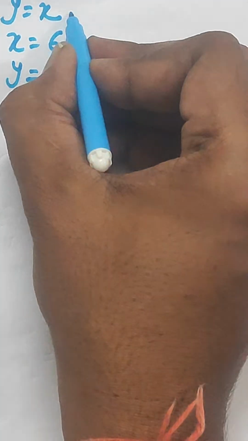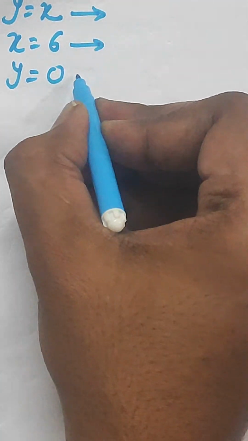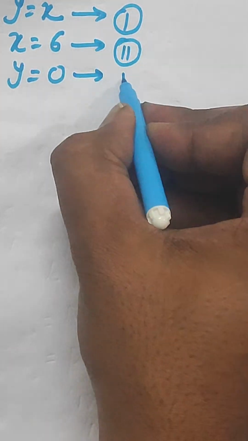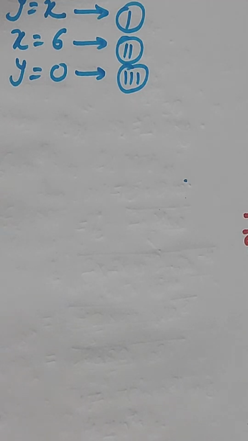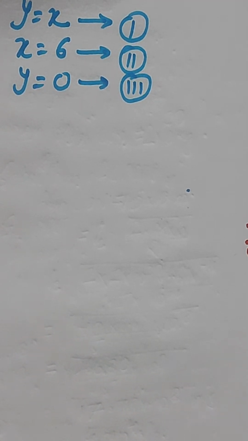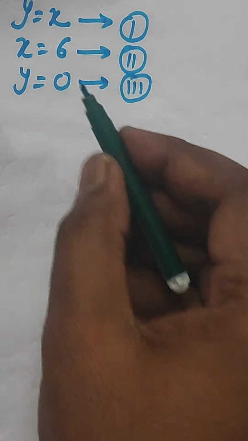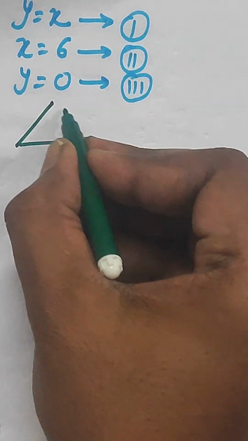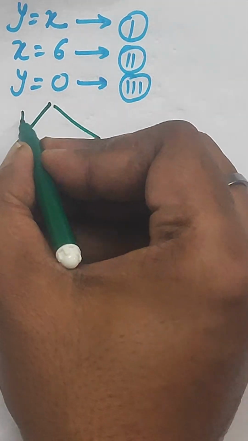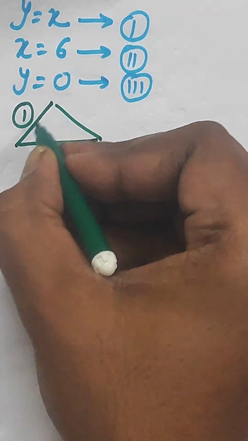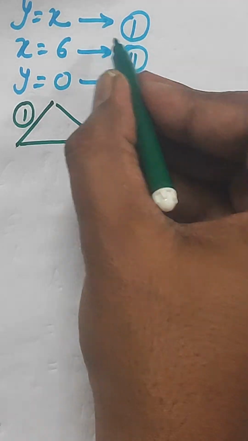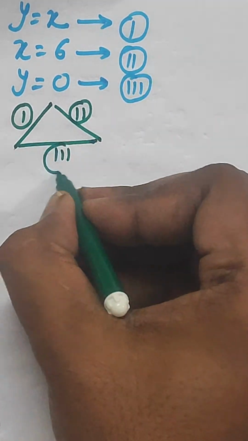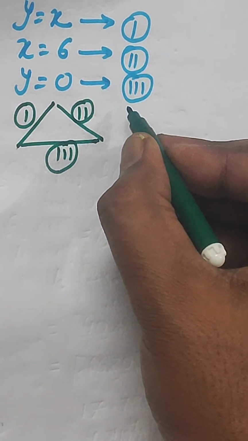Why do we need three equations? We need three equations because for forming any triangle, we need three lines. One of the sides is formed by each equation. So these are the three equations.